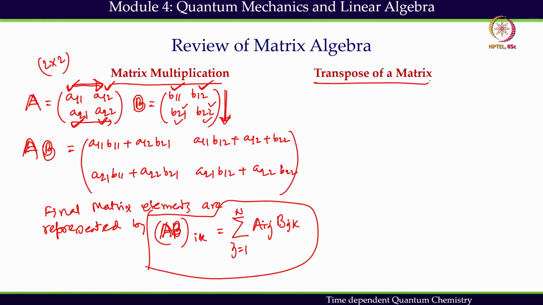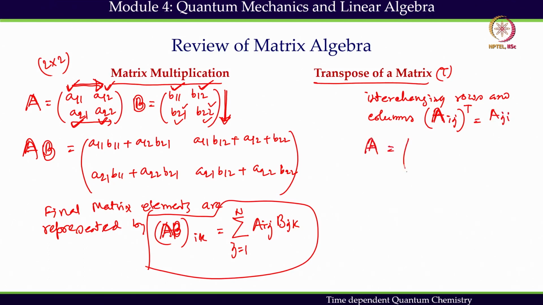Transpose of a matrix is obtained by interchanging rows and columns. So if I have A_ij and do the transpose, expressed by T, then this is going to be A_ji.